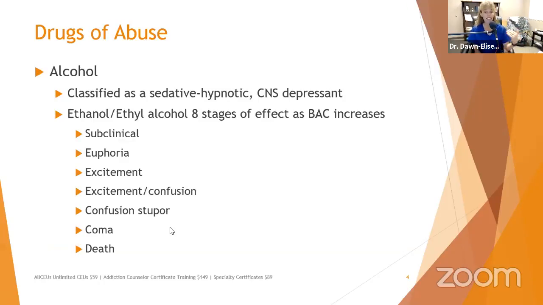Excitement, and then excitement and confusion, then confusion and stupor, coma, and death. So obviously it takes a lot to get to coma, but you can do it, especially if you're doing shots or other things where you're ingesting a lot of really high purity alcohol really quickly. And if you're dehydrated or haven't had anything to eat.